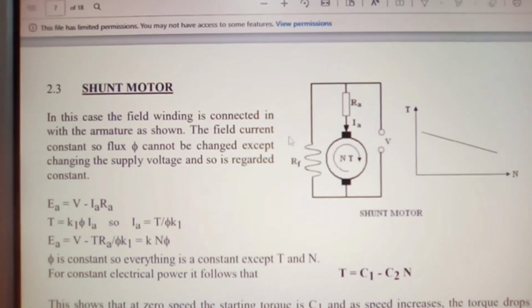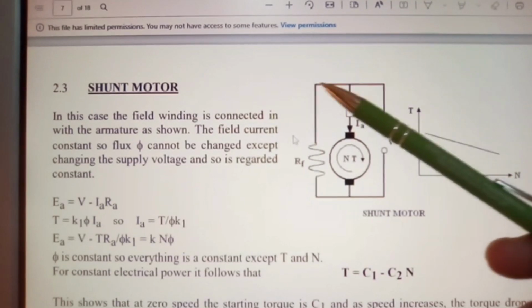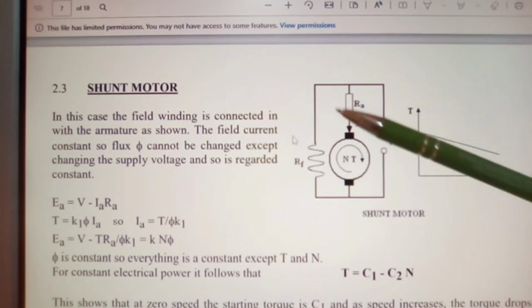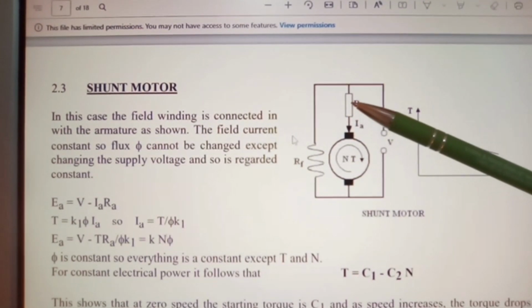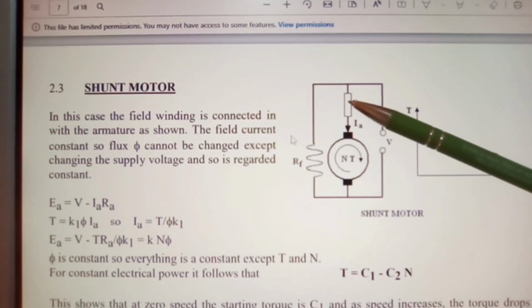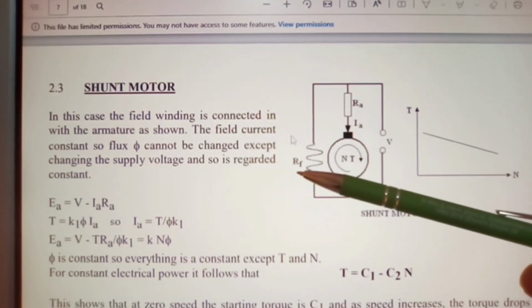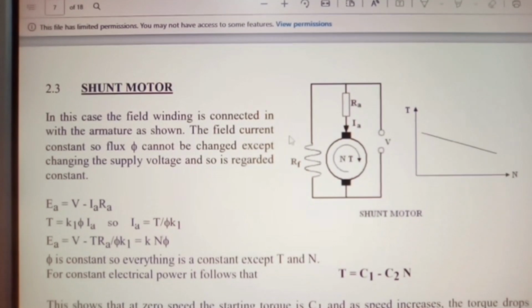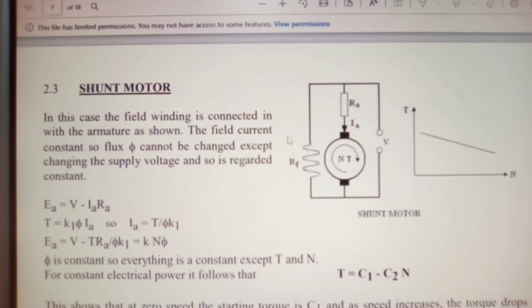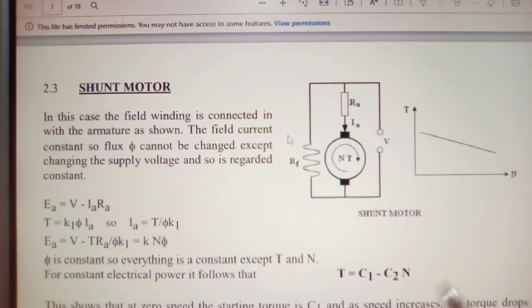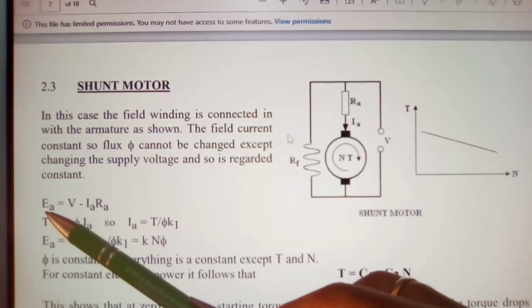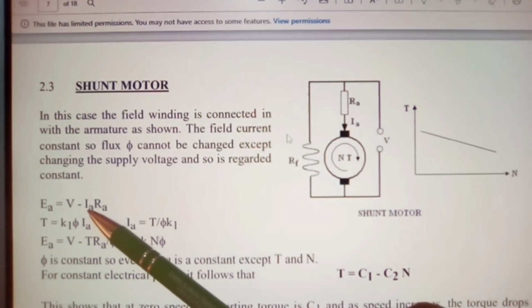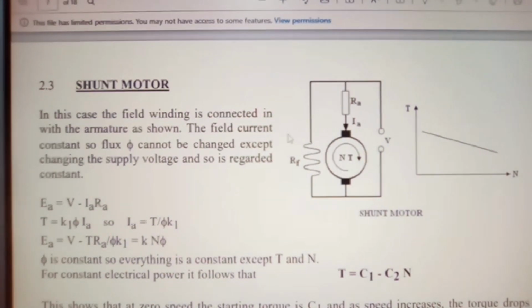Now again, this diagram you should be drawing up, because that's the internal resistance, that's the field. And again, EA equals V minus IA RA.